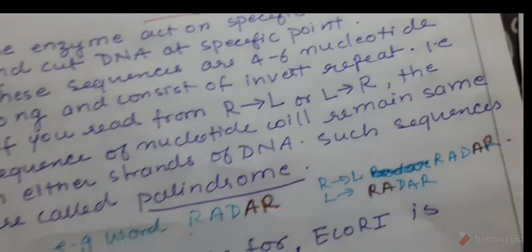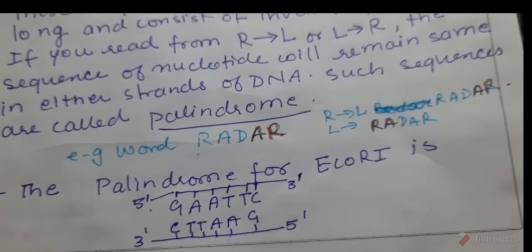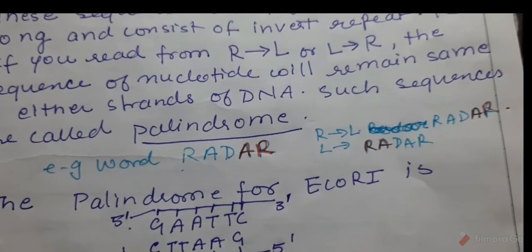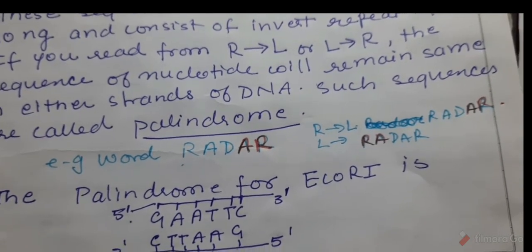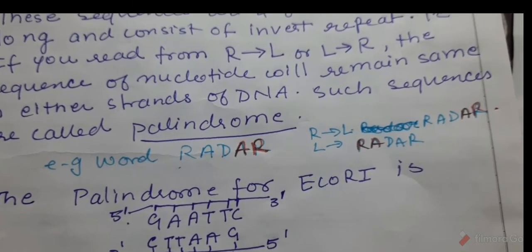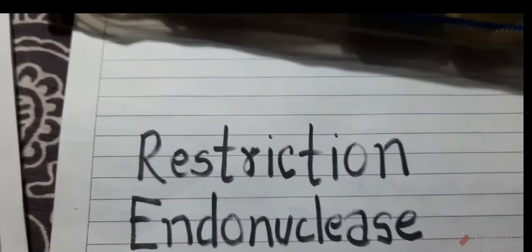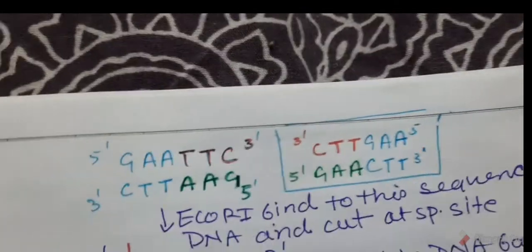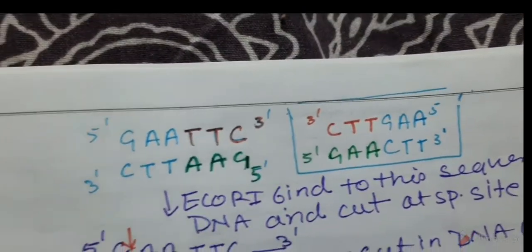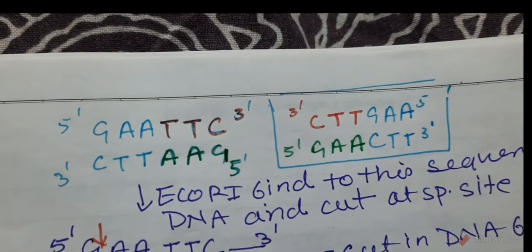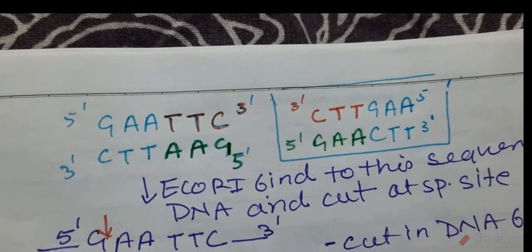Now let's see the target site for EcoRI. One strand of DNA will have GAATTC, whereas the other strand will have its complementary sequence, CTTAAG. Now let's see how to read this. Why is this a palindrome? See the first one, 5' to 3', GAATTC.